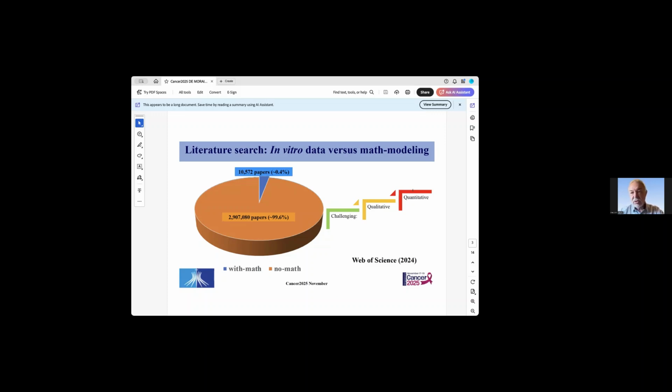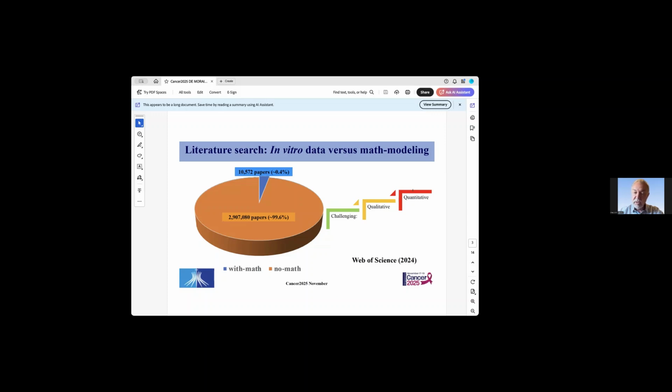The reasons for this very small fraction of quantitative analysis are perhaps quite obvious. Most of the people working on in vitro assays, the math background is perhaps a blocking aspect to using mathematical modeling.